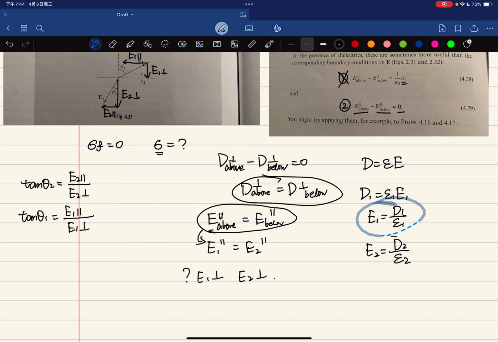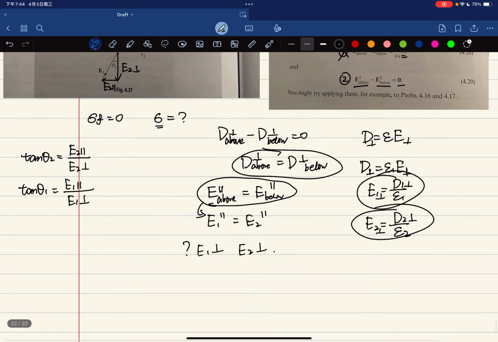Of course, everything here is perpendicular, so don't be confused by my writing. Now we plug in everything we have.